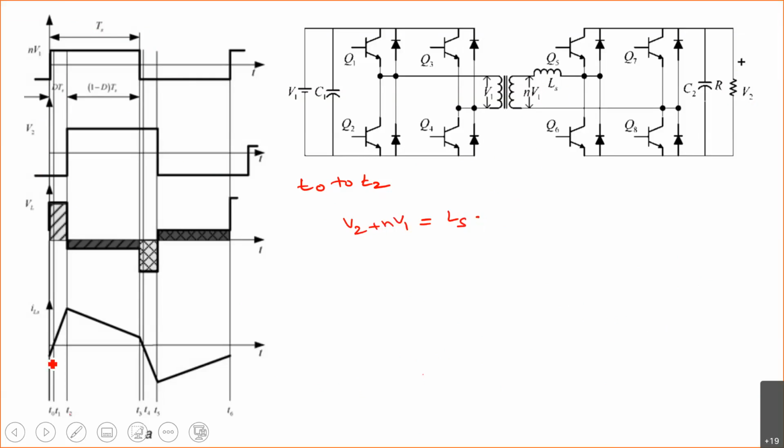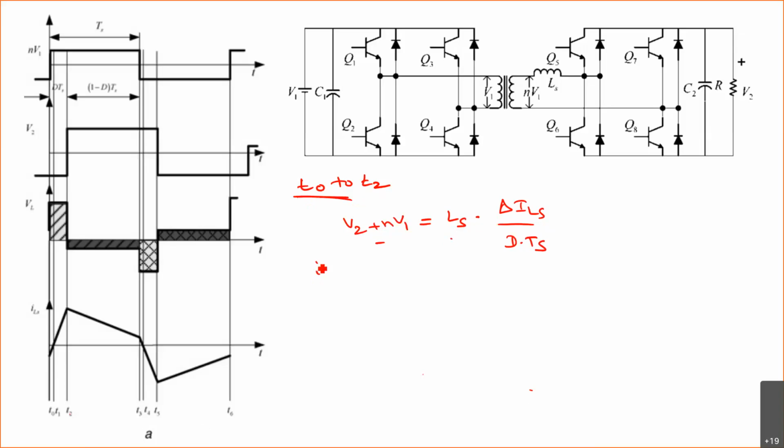The rate of change of current is positive, so it is delta ILS divided by D into TS. This is the voltage, L into di by dt, for the entire period T0 to T2.